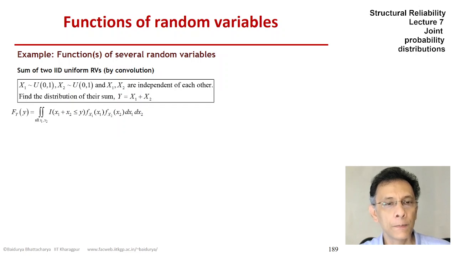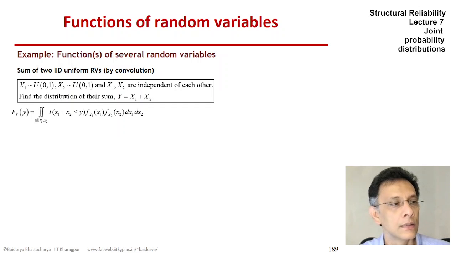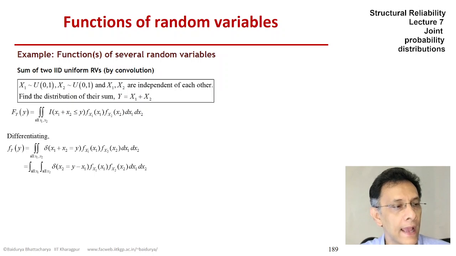So now we can differentiate this to get the PDF of y. Let's do that. And when we differentiate the indicator function, we get the delta function.